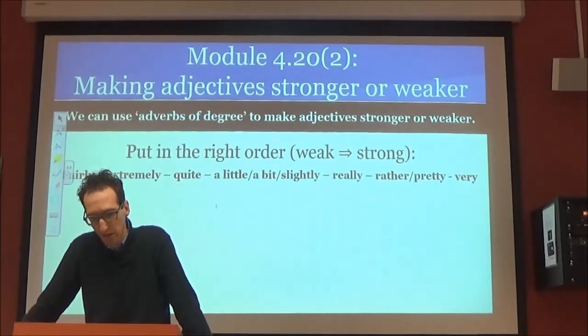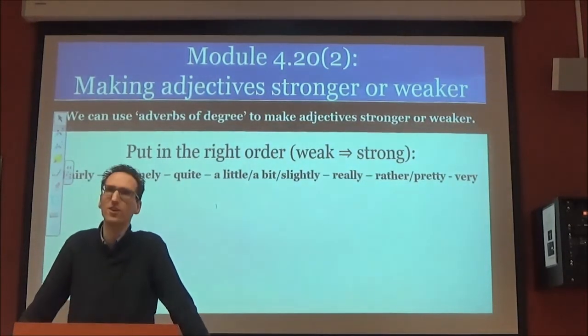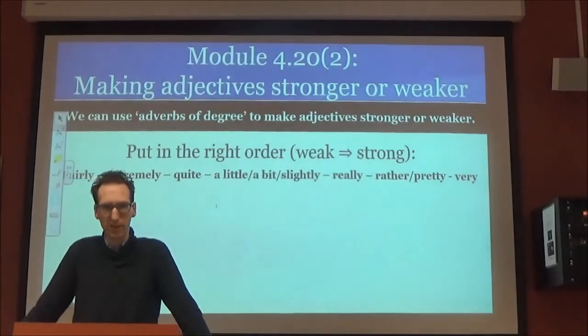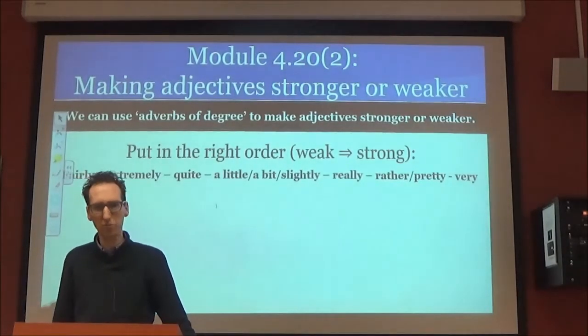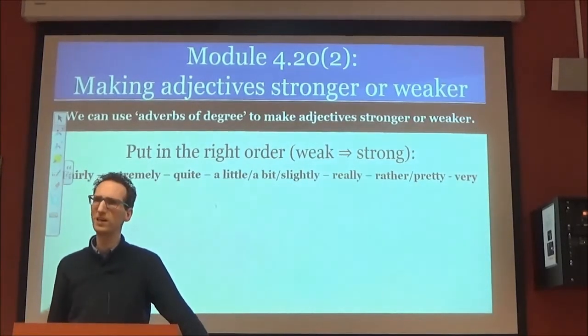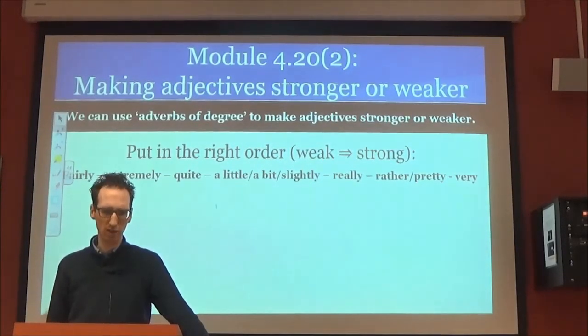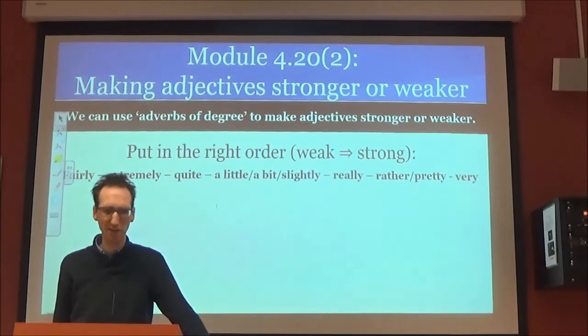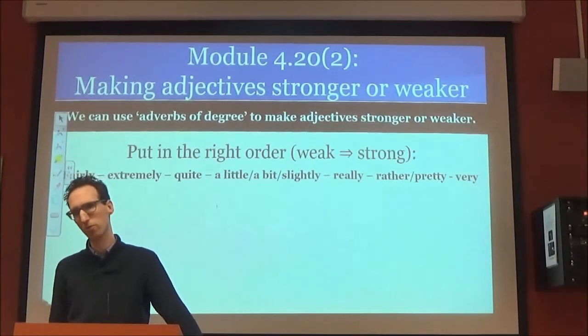You could say a really big balloon, or a rather big balloon. Now what's the difference between these? What is stronger than others? So for example, a fairly big balloon, is that stronger than quite a big balloon? Or is quite a big balloon stronger than a fairly big balloon?